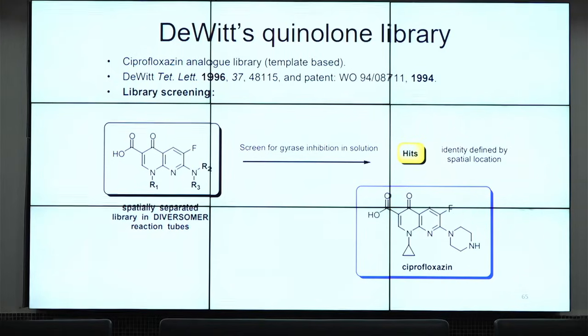You see that this compound starts from here, and at the end R1, R2, R3 are written, but in which way is the diversity being made? This is a library of quinoline, or this ciprofloxacin based analog library, a template based library. You keep that particular heterocyclic moiety intact, vary all the functional groups and connectivity, and get lead optimizations with that.